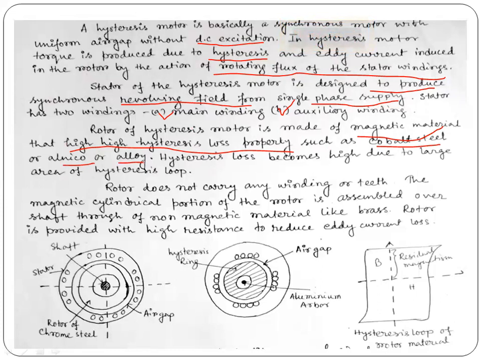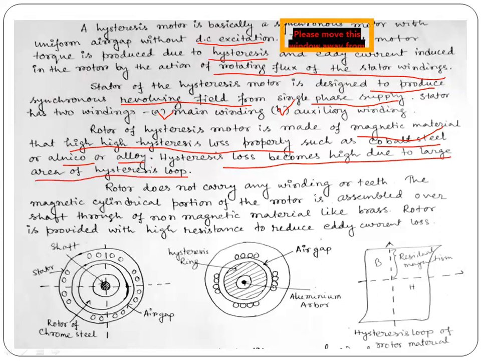And hysteresis loss becomes high due to large area of hysteresis loop. When we use this kind of material, definitely the hysteresis loop area will be increased. So hysteresis loss definitely increases.